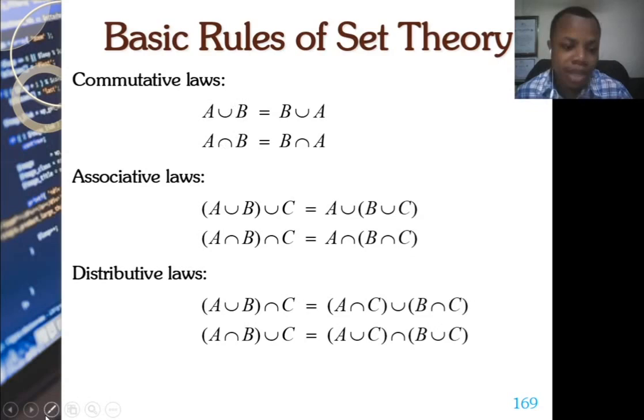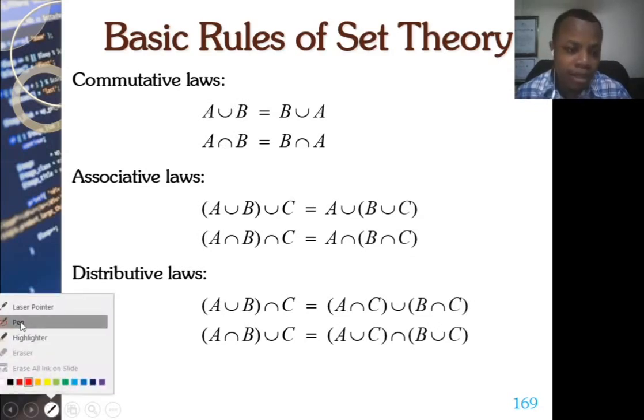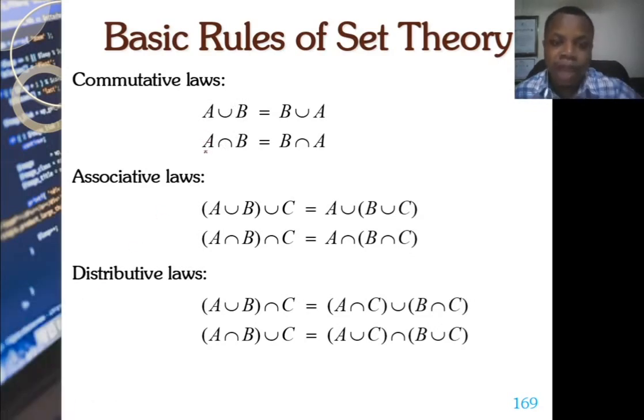The same thing can exist for their intersection, where we have A intersection B is equal to B intersection A. So anytime we have two events, if we find their union or their intersection and turn them the other way around, we are still going to get the same outcome.